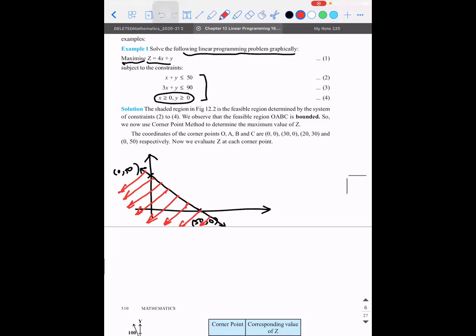Next, what is the equation that you have? 3x + y less than or equal to 90. So when I put x equal to 0, y is 90. So 0, 90. And when I put y equal to 0, x is 30. So 30, 0 is somewhere over here. Yes, sir, 30, 0 and 0, 90.